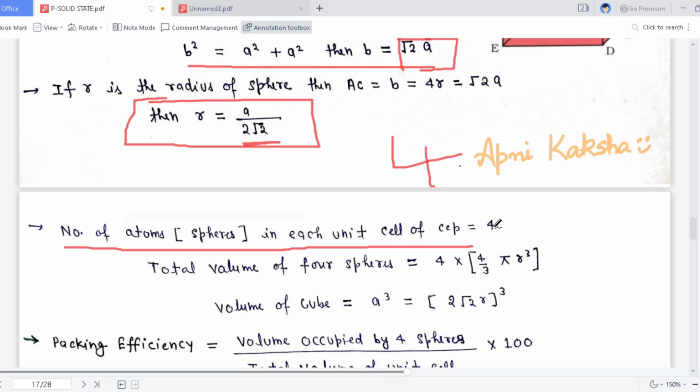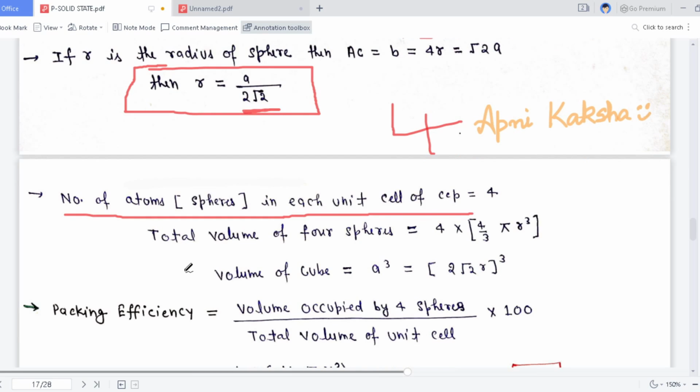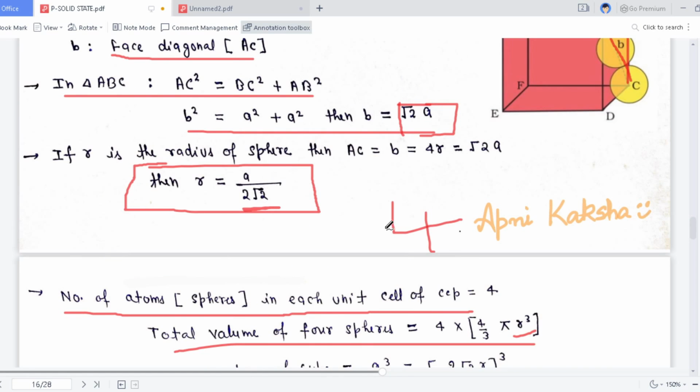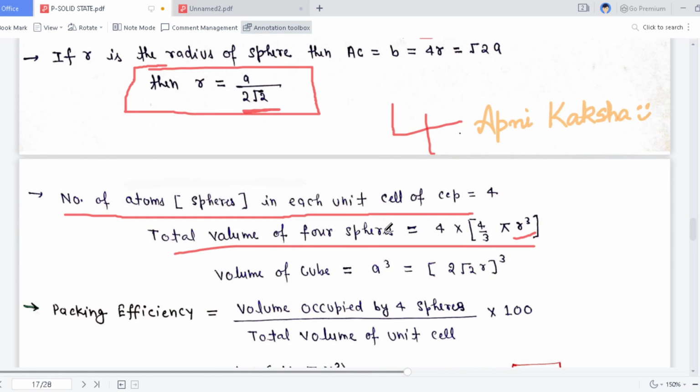So the total volume of all these 4 spheres will be 4 by 3 pi r cube into 4, so that will be 16 by 3 pi r cube, and r we have given as A by 2 root 2. So eventually we will get root 2 r cube. Just do the math, it all gets cancelled.